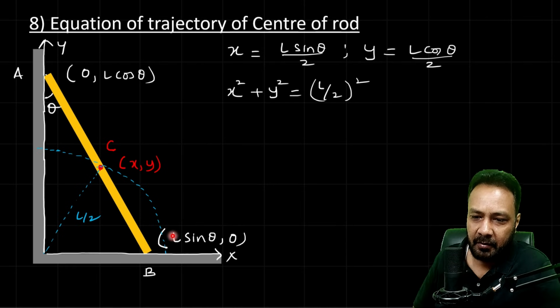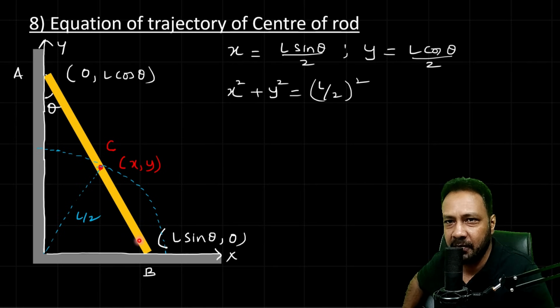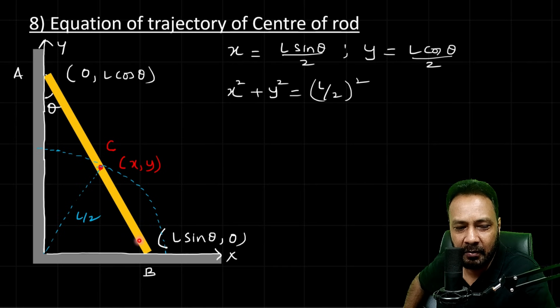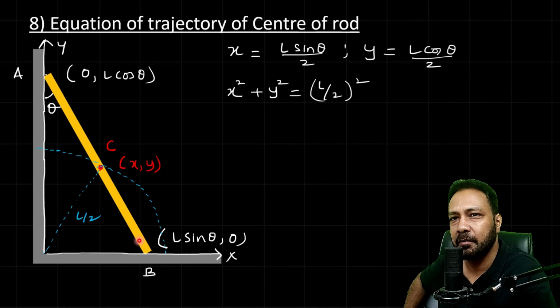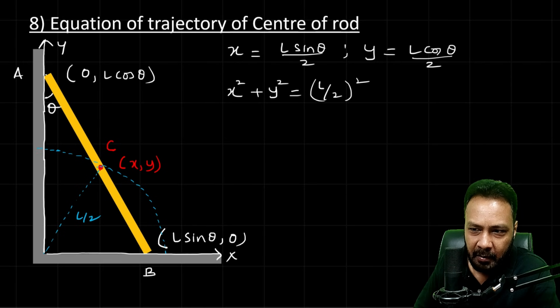So it moves in a circle. That will also be helpful in finding the motion of C. If we know the trajectory, that will be helpful in writing the motion of that point. Our trajectory equation is a circle.